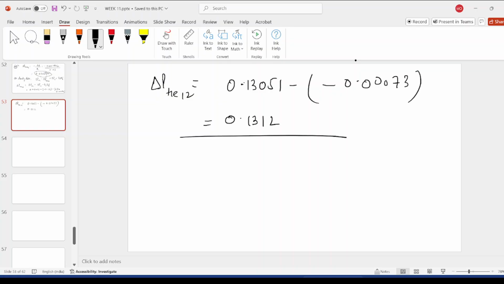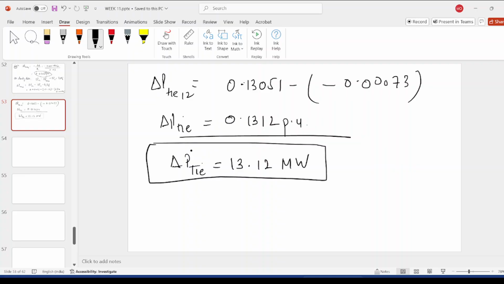So it comes to about 0.131 per unit. This is in per unit, so we will change it into actual value by multiplying by 100. So del P tie comes out to be 13.12 megawatt, as we know the base MVA is 100.